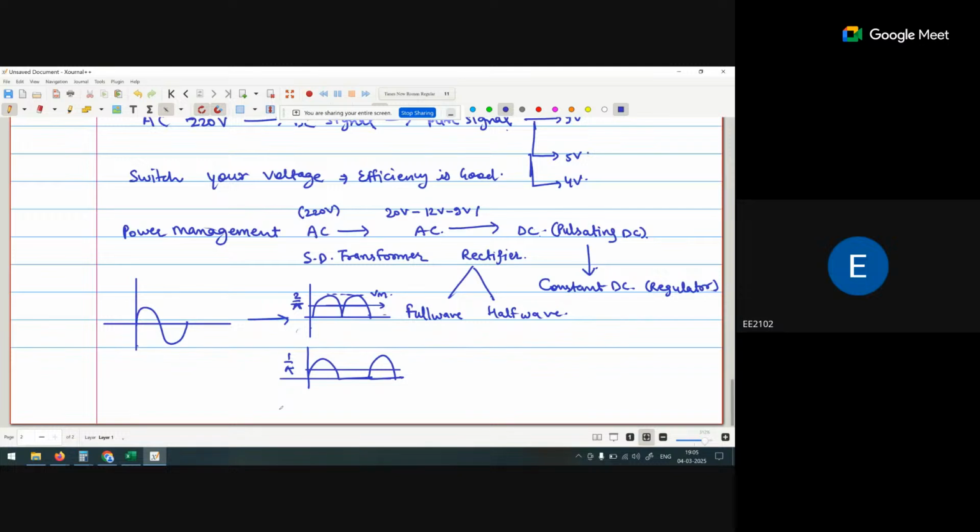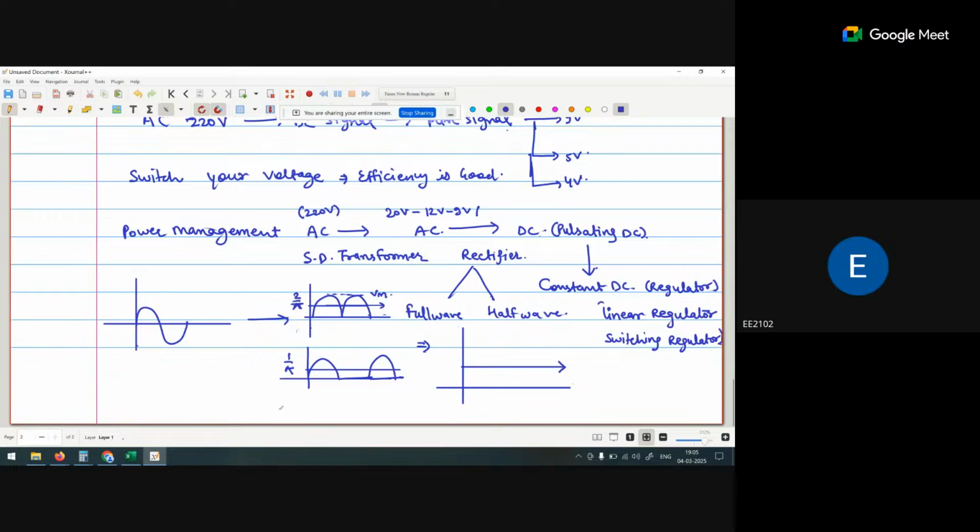Now we have to convert this voltage into a constant DC voltage by using a voltage regulator and a capacitor. So we convert this into a constant voltage. Two types of regulators we generally use: one is the linear regulator and one is the switching regulator.